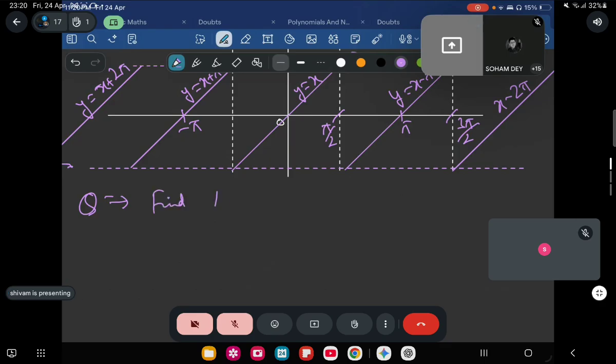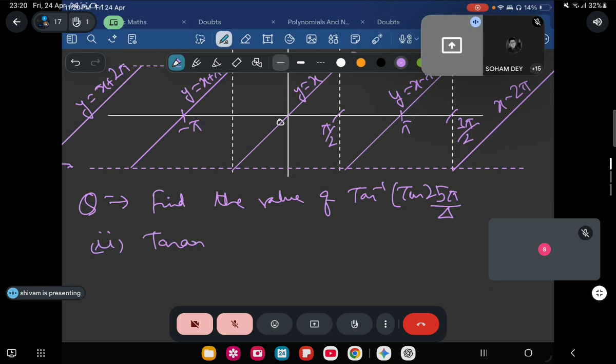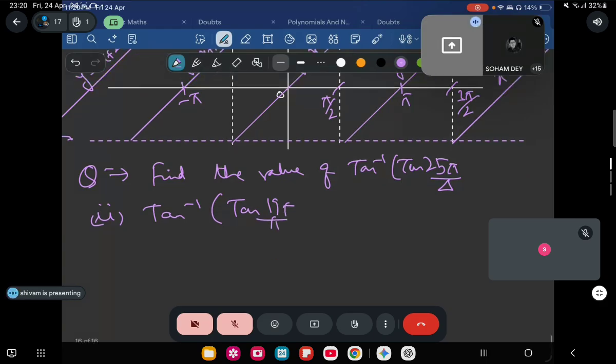Find the value of tan inverse tan 25 pi by 4, and there was tan inverse tan of 19 pi by 4, part 2, and part 3, tan inverse tan 3.